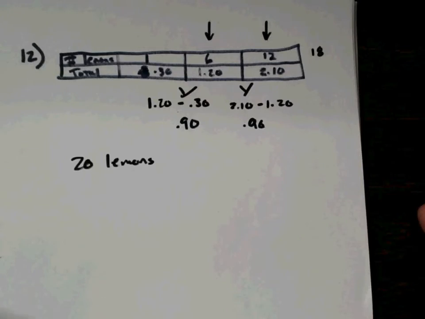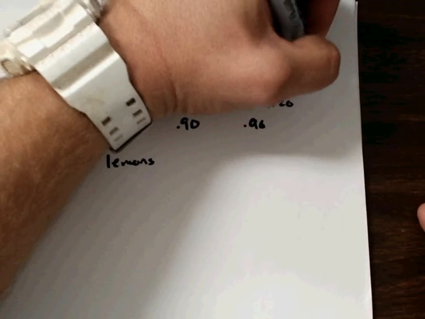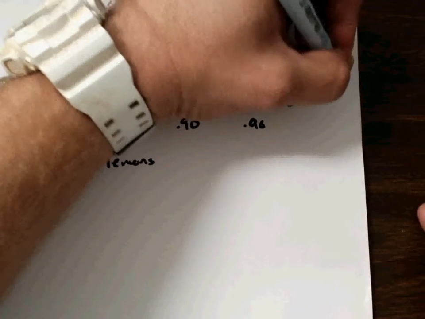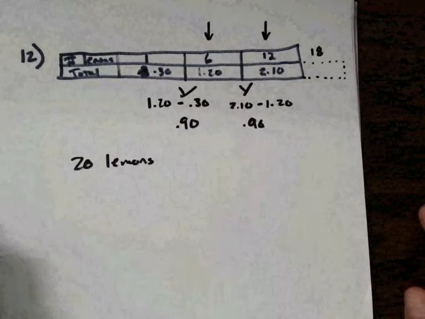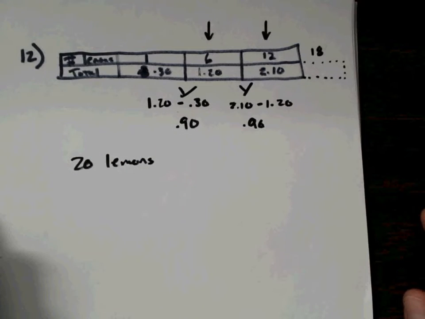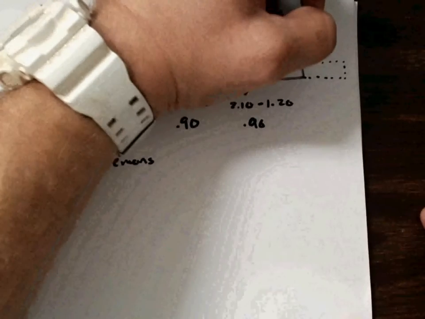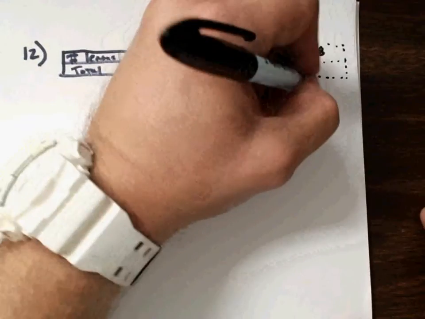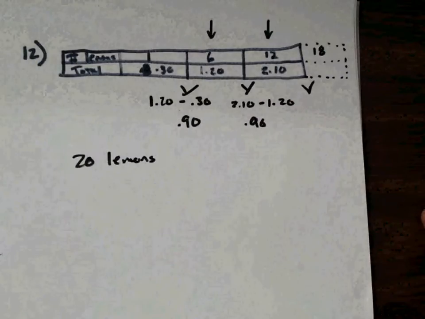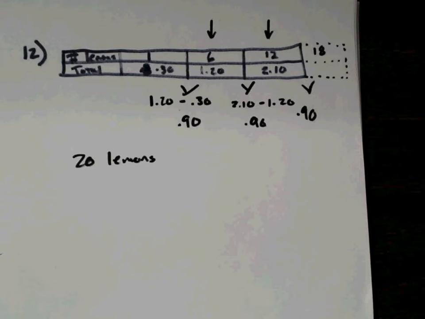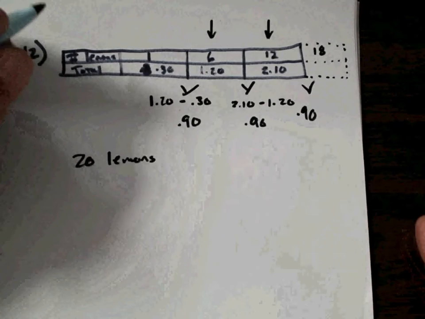And so I know my next unit of measure of bags is going to be 18, correct? What's the price of a bag of 18 lemons? So I'm going to increase by the same unit of measure, so I'm going to increase it by 0.90. $3 even, correct?